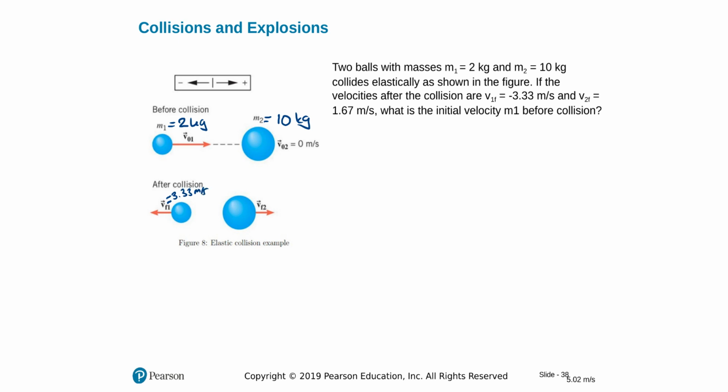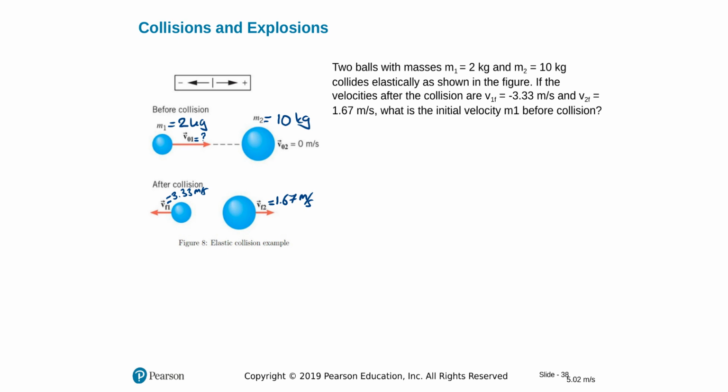Notice here I'm not putting minus because it's shown in the direction already. And V2 final is 1.67 meters per second. What is the initial value? Initial velocity of M1. M2 is stationary.